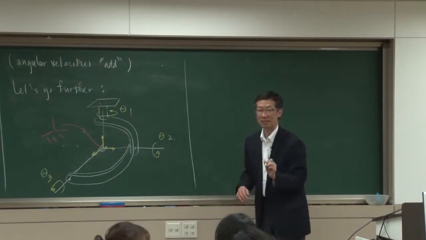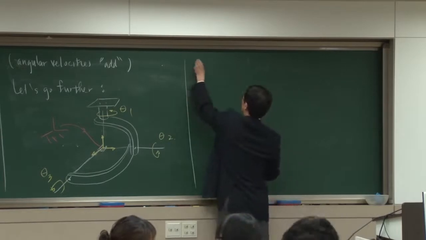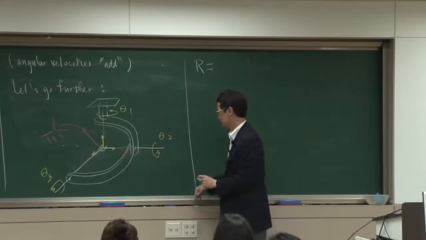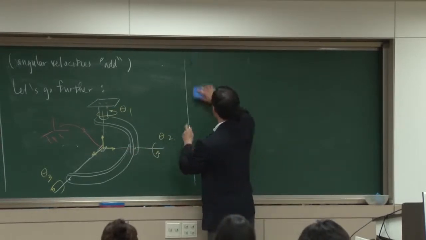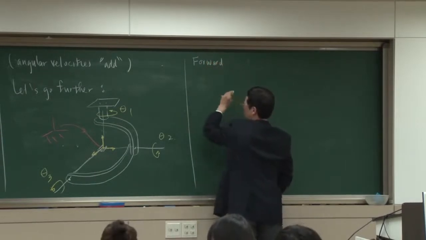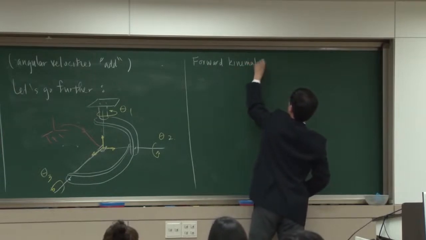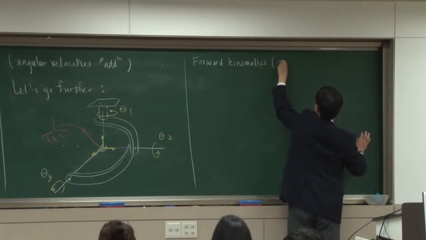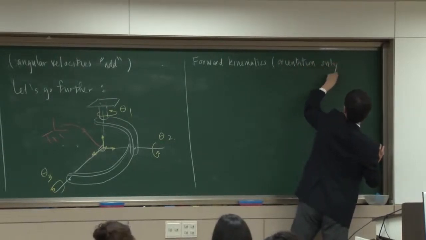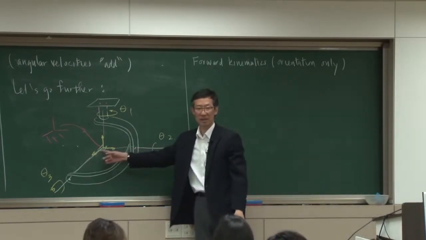Let's answer that question. Before we do that, we have to write the forward kinematics. So I'm going to do that quickly now. The rotation R of the moving frame, and let's remind ourselves this is the forward kinematics, the orientation only. We don't need to worry about the position because the position is always fixed.